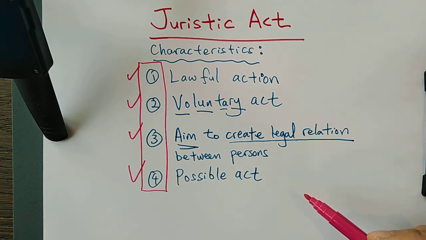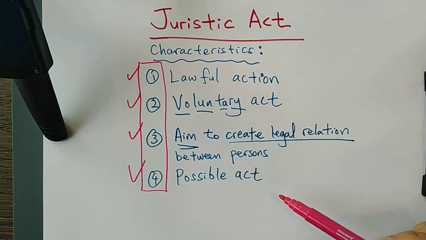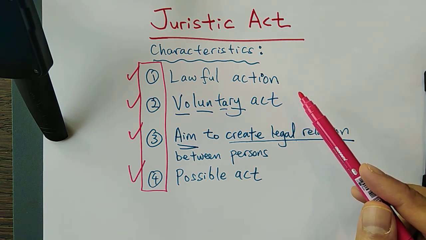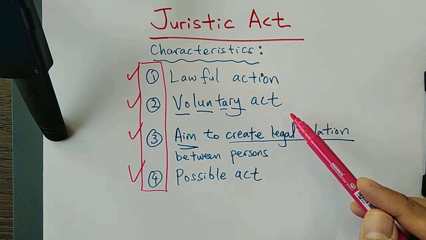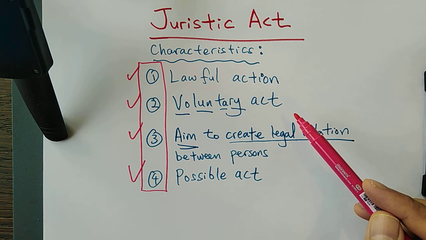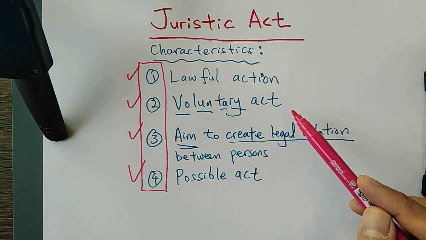So look carefully at the action first. That's the most fundamental point. The whole action itself, is it a juristic action or not? A juristic action must have these four characteristics. It must be a lawful action. It cannot be an action that is prohibited by the law. It is an action that you do willingly. Willingly means nobody is pushing you with a gun to your head or a knife to your throat to say do it. It is an action that you are doing with full control of your mind.